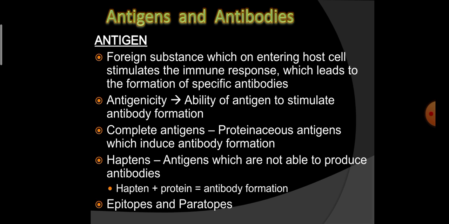It is the site where the antibody attaches to the antigen, the site of recognition present on the antigen. In the same way, paratope is the site present on the antibody which serves as the receptor for the epitope. So these two terms you have to know, epitope and paratope.